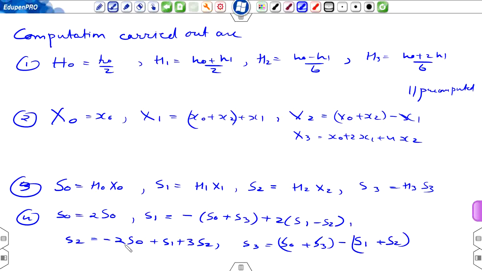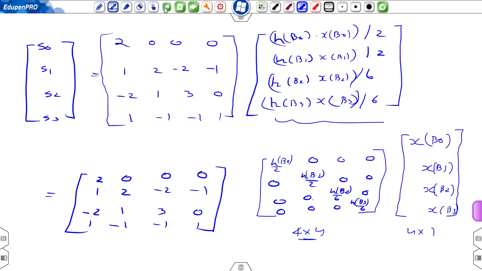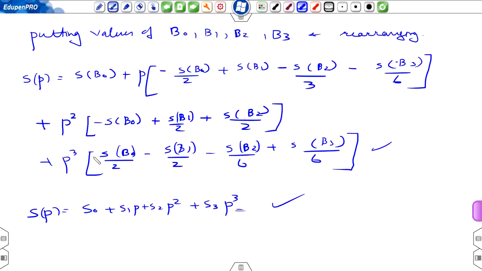So this can be easily derived from this expression.